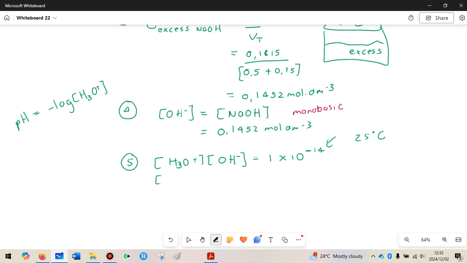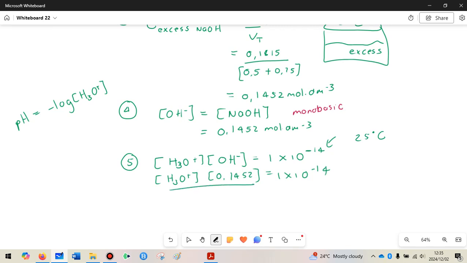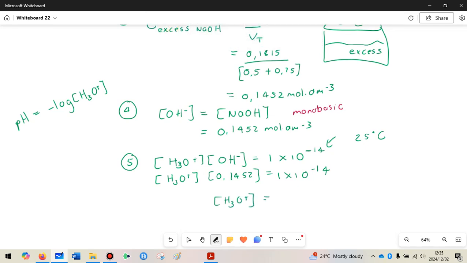Okay, and now I have my hydroxide concentration, which is 0.1452, not my base's concentration, my hydroxide, which is so important why I did that step. Okay, then you divide both sides by 0.1452, and then you get the hydronium concentration to be 6.8871 times 10 to the negative 14. Again, keep 4 decimals, mole per decimeter cubed.